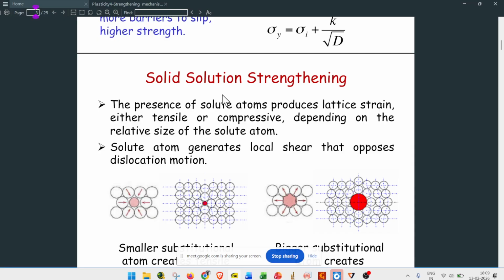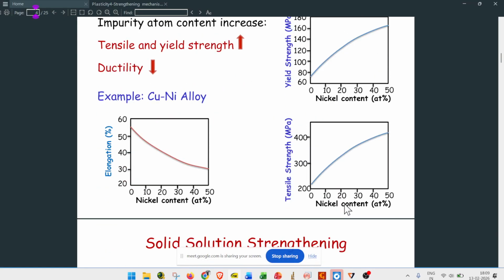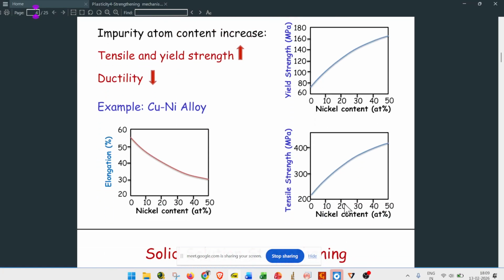Suppose in the case of iron, if I add another element with a much larger size, it will generate a lot of internal stresses in the metal matrix. The crystal structure is very much deformed, and these stresses act as a barrier to dislocations moving further, which increases its strength. This is solid solution strengthening.